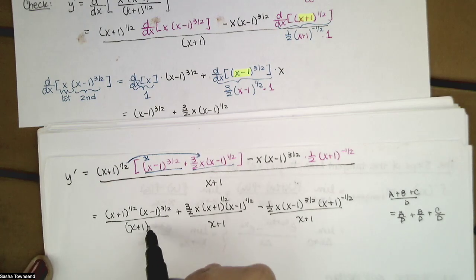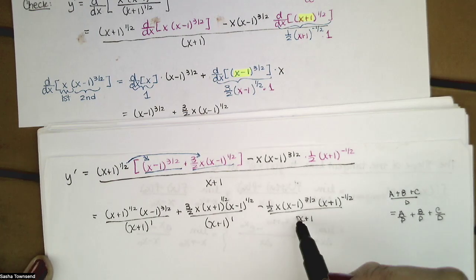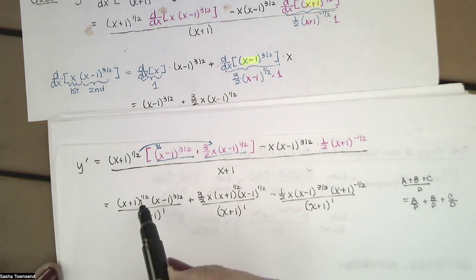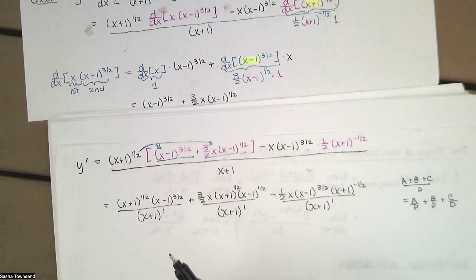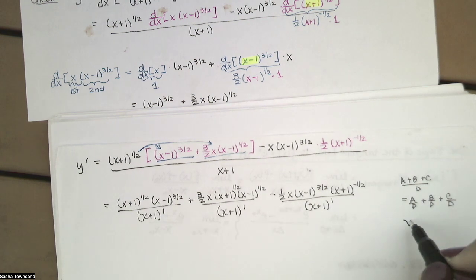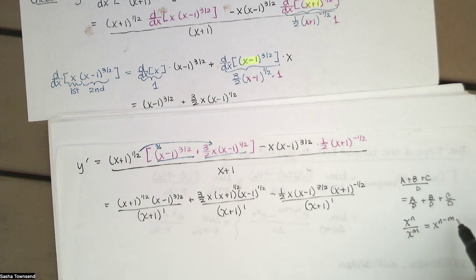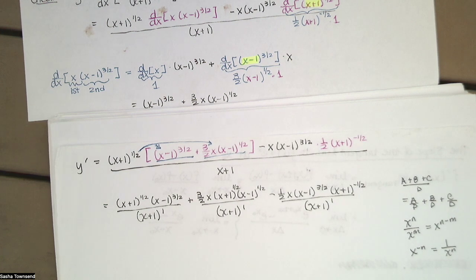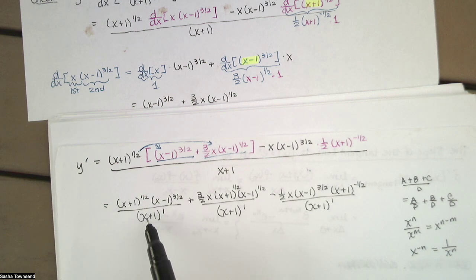And of course, that's an x plus 1 to the first. And this has an x plus 1 to the 1/2 in the numerator. So if we use that exponent property, x to the n divided by x to the m equals x to the n minus m. And if we use the exponent property, x to the negative n equals 1 divided by x to the positive n, we see that this x plus 1 to the 1/2 divided by x plus 1 to the first can be computed just by subtracting those exponents.